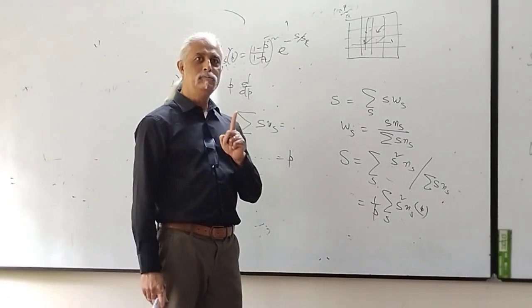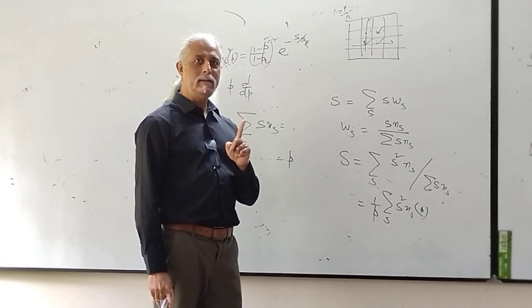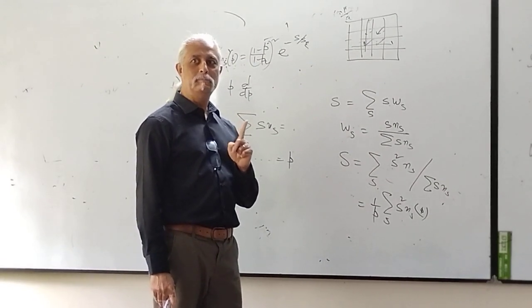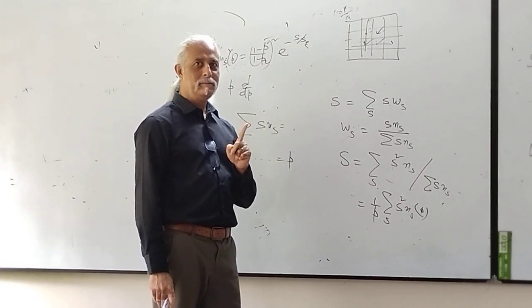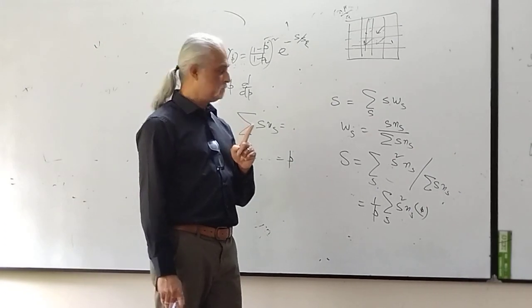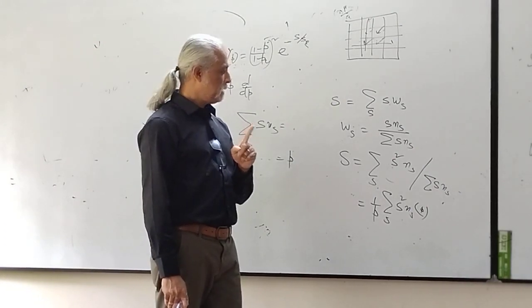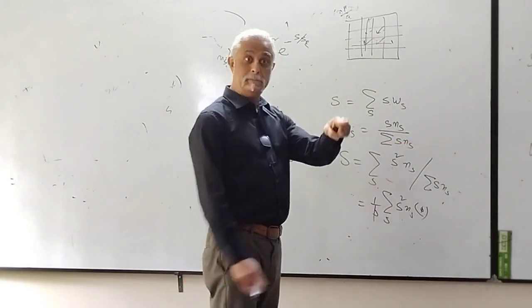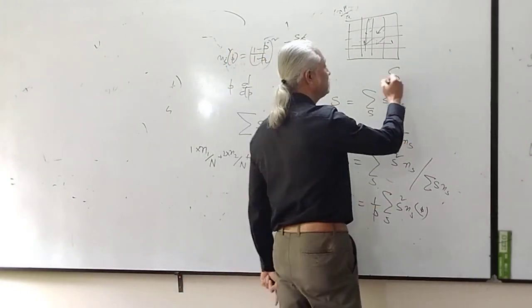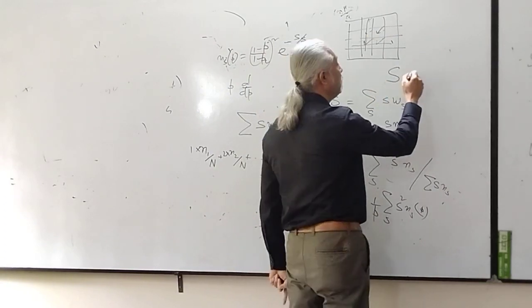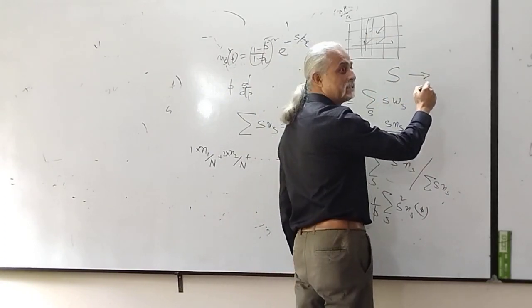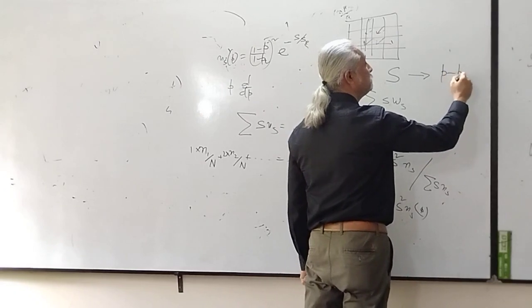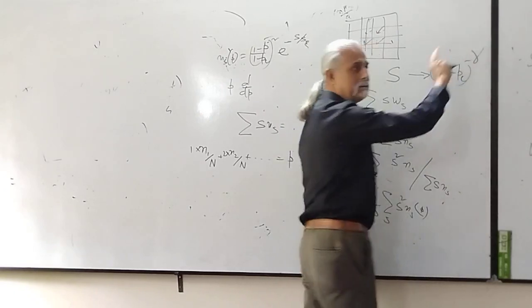Now a beautiful game will play, and I love it. We know that near p_c, S diverges as p minus p_c to the power minus gamma.